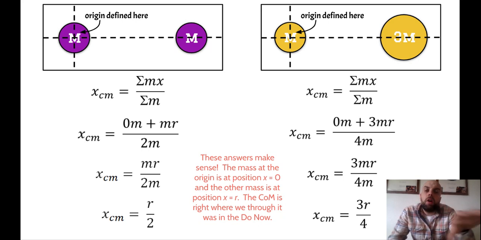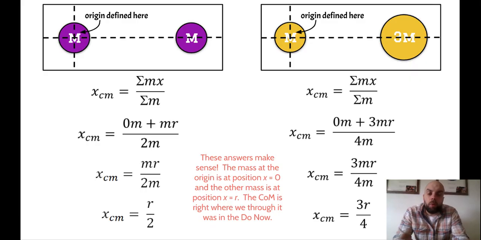It's shifted closer to the mass of 3m. We didn't exactly have the 3r over 4 down exactly. We weren't totally sure where it would be in the do now, but the math explains our intuition in the beginning. So I love this example because it makes a ton of sense.